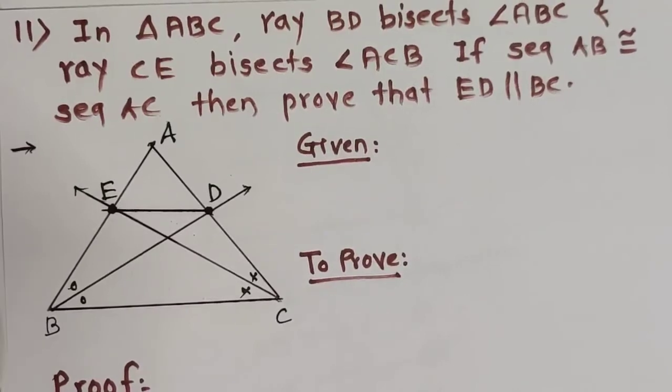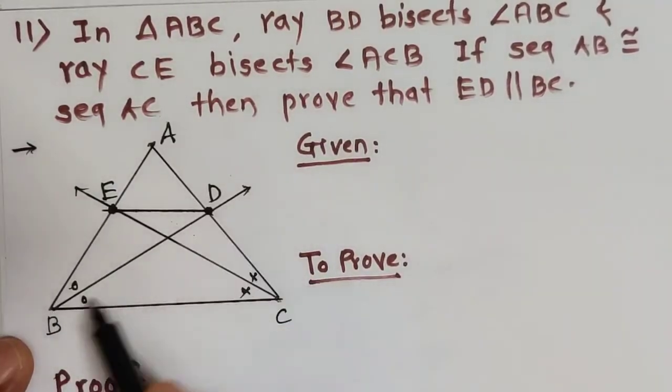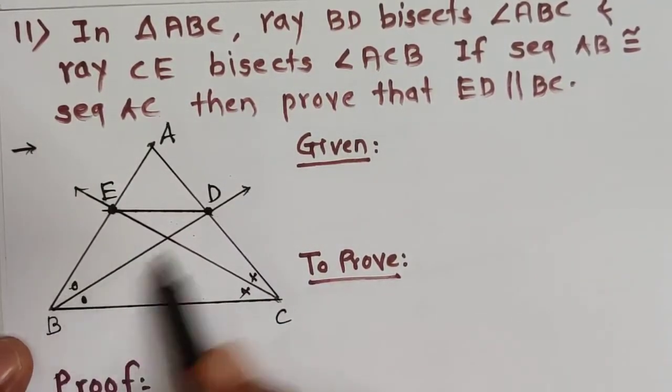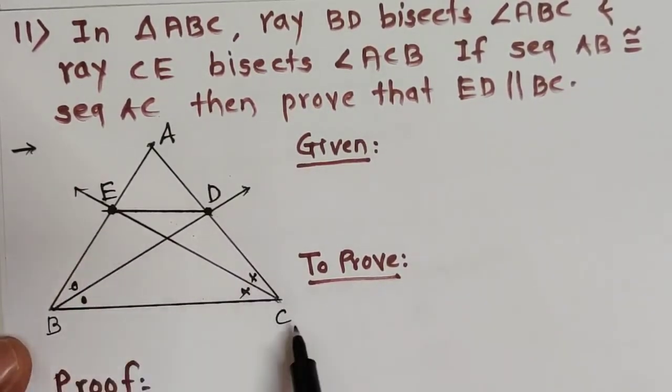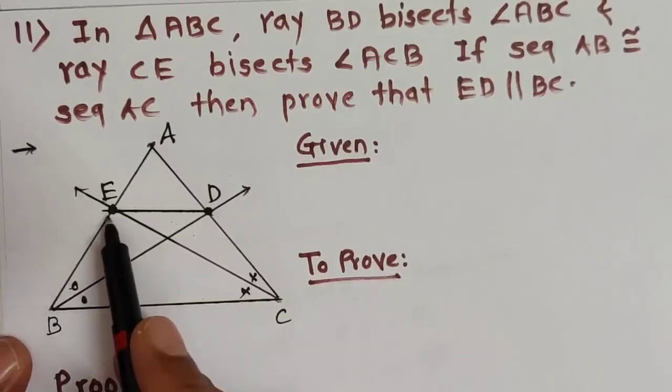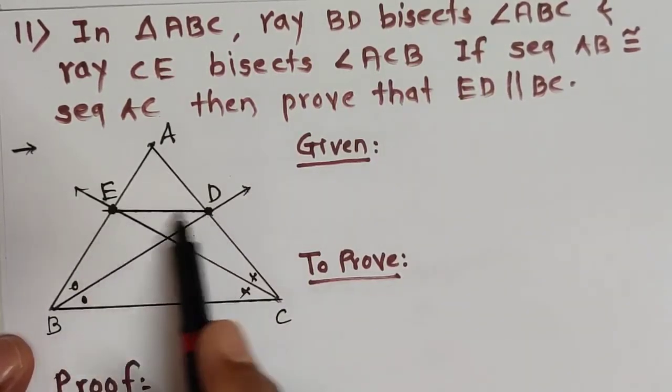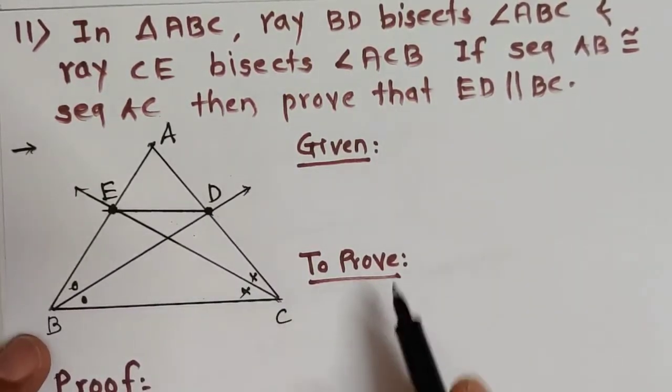Now according to the given, this BD bisects angle ABC. BD is the bisector. CE is the bisector of angle ACB. And what we have to prove? This DE or ED is parallel to BC. So first write the given.